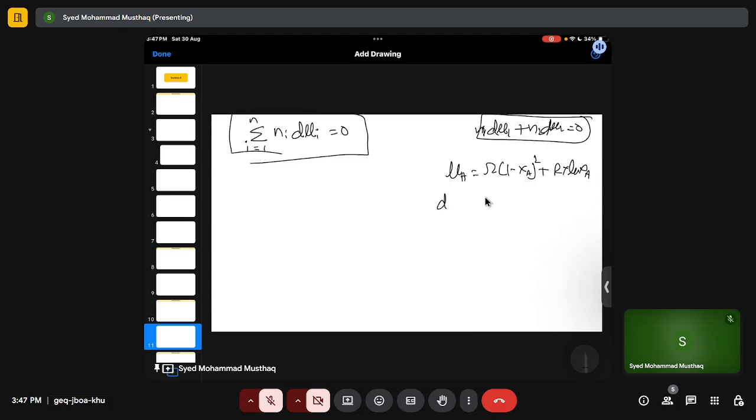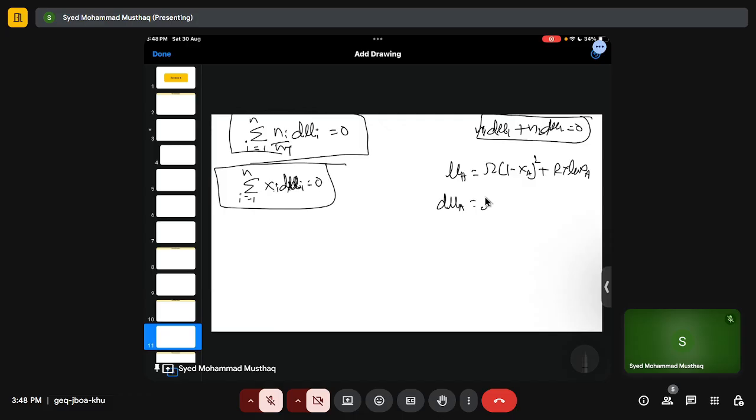Now I'm trying to differentiate with respect to A. Then the constant will not change. The only change that is going to happen is with dXA. If I divide it by the total number of moles, then this can be written as the sum of xi d mu i equals 0.